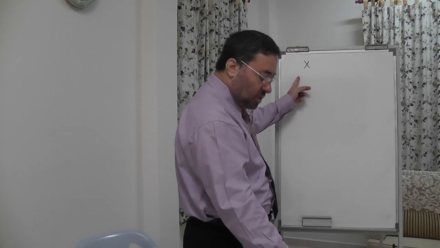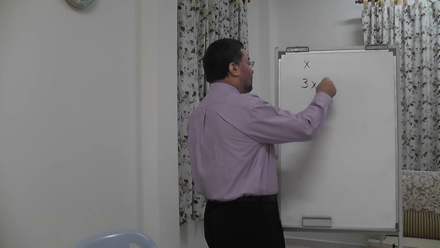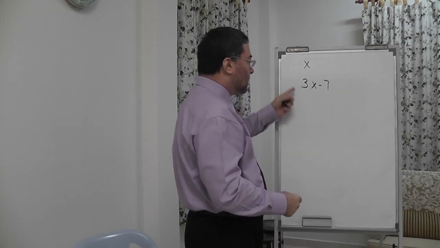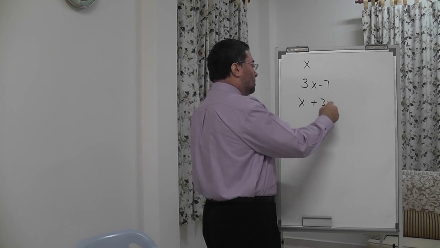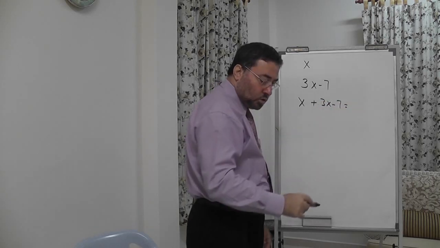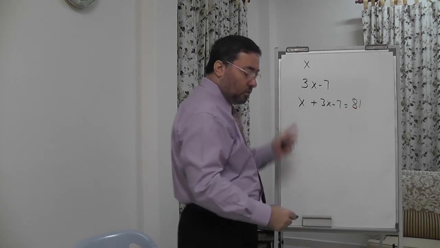And then we use the fact that compares these two pieces to get the representation for the second number. So the first one is x, and the second one will be 3x minus 7. And we know that their sum, so we add them, equals 81. And we solve for x.